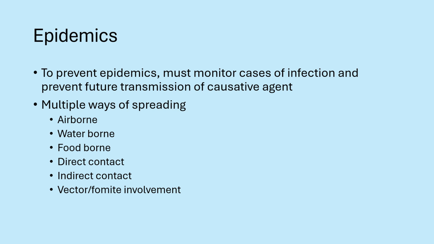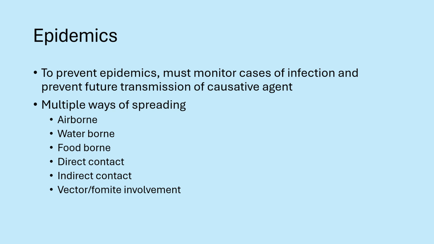Sometimes there is a vector or a fomite involvement, meaning that there's maybe a tick that bites an infected animal and then it becomes infected and then it bites a person and infects the person. Sometimes the fomite is an inanimate object. One big common thing is money.